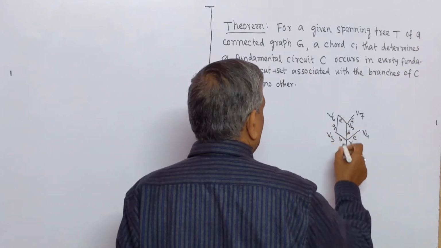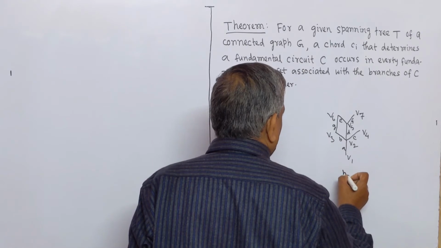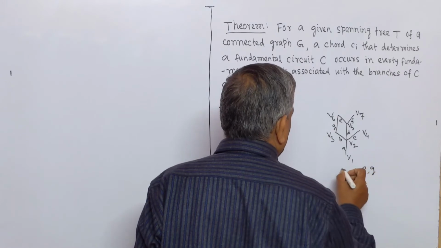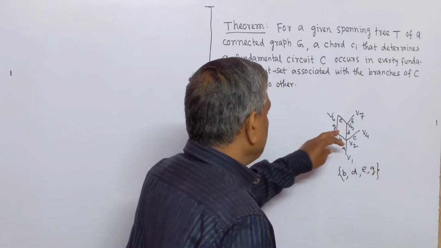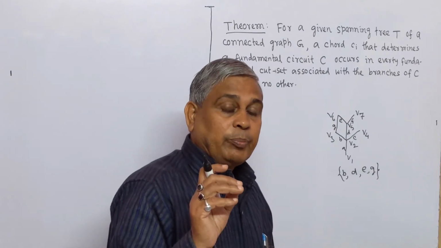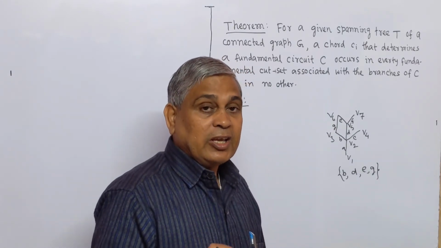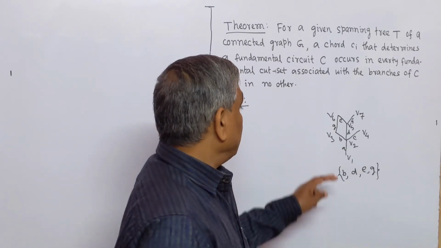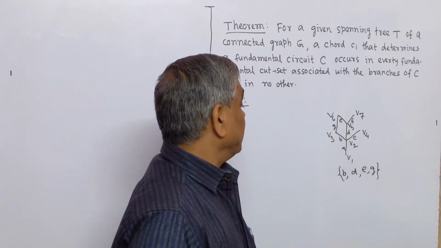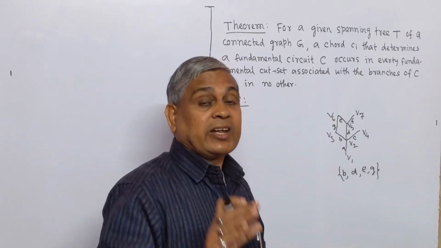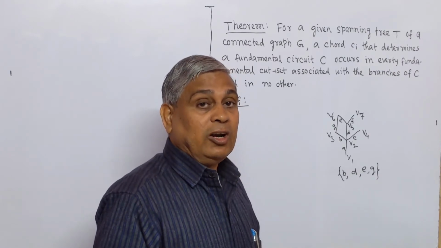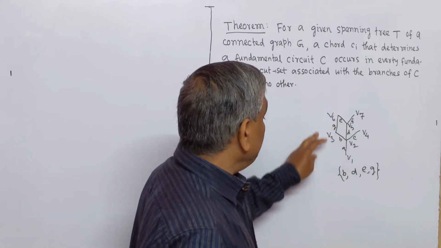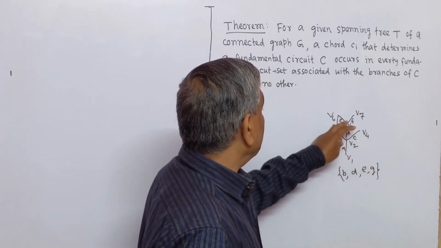Here the circuit is B, D, E, G, and this type of circuit is called a fundamental circuit. It means if one chord is added to the spanning tree T, it forms a circuit, and that circuit is called a fundamental circuit. Here the branches of the circuit will be B, D, E, G.